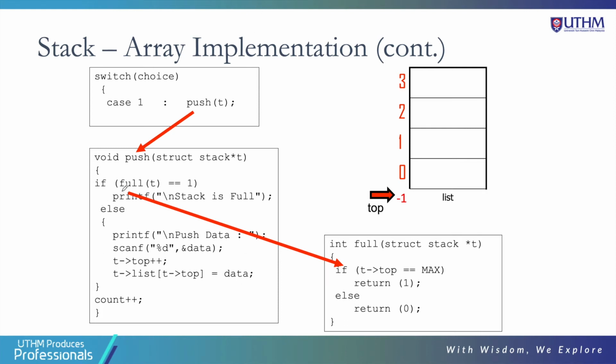So first we call the full function, and then we verify, is t top equal to max? Max is 3, right? 3 or 4. Max minus 1. This should be minus 1.